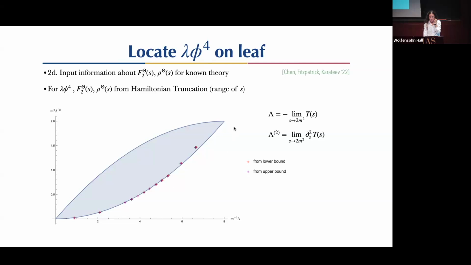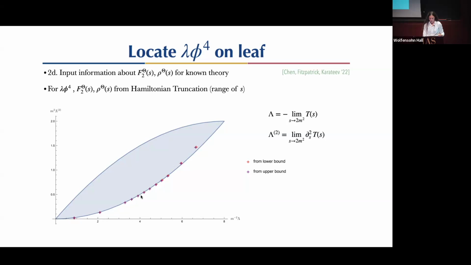And what they did was to input some information about the form factor and the spectral density, again, for the stress tensor, that they compute with some other method, Hamiltonian truncation in this case. So you have some range of S where you know what this function should be. So you input that and try to locate where phi to the 4 is.